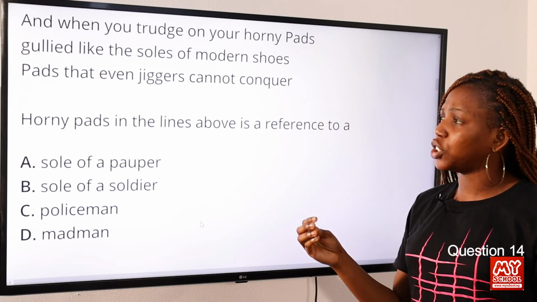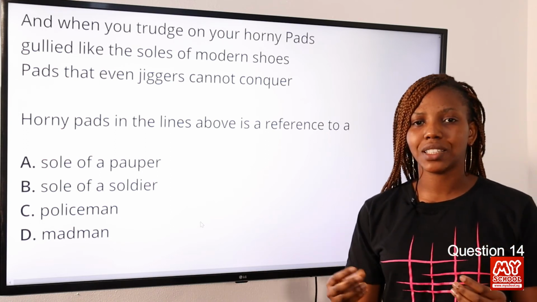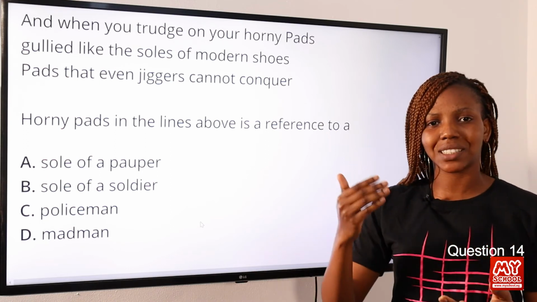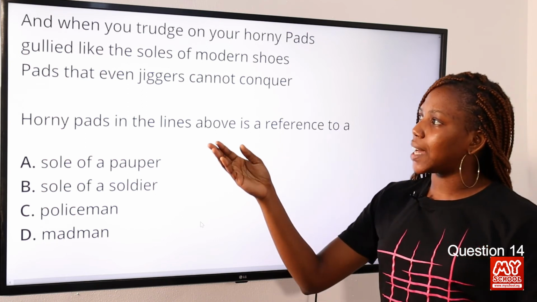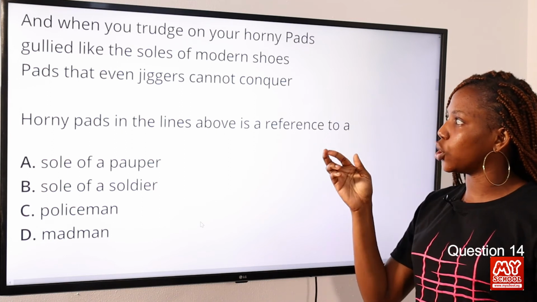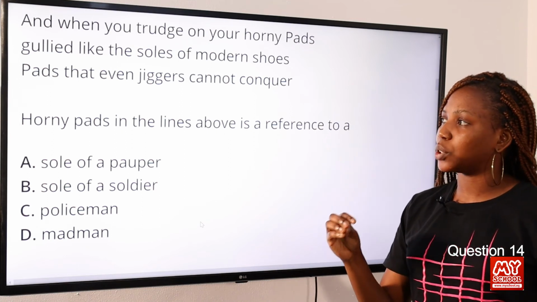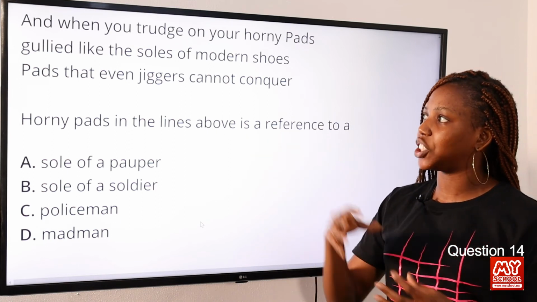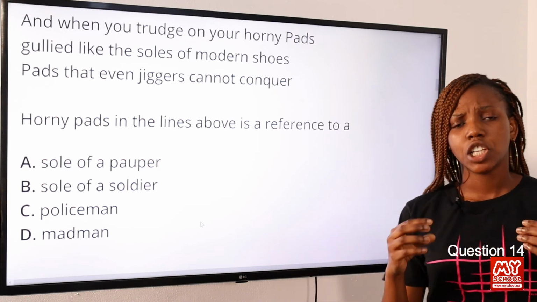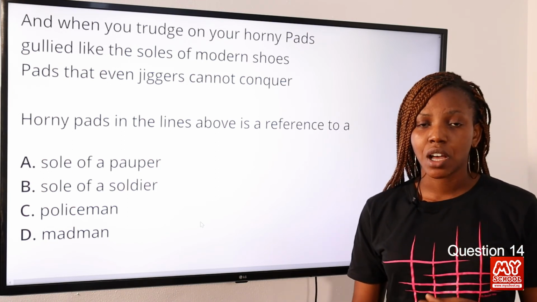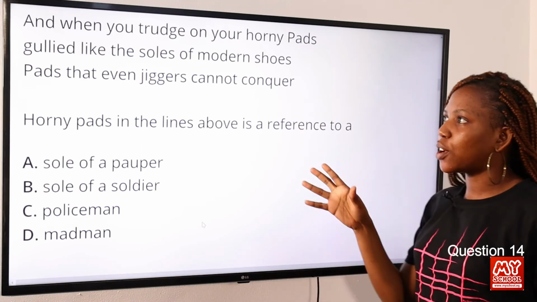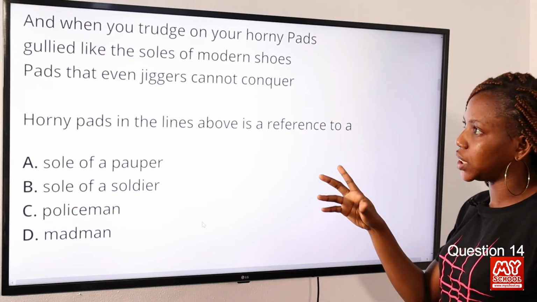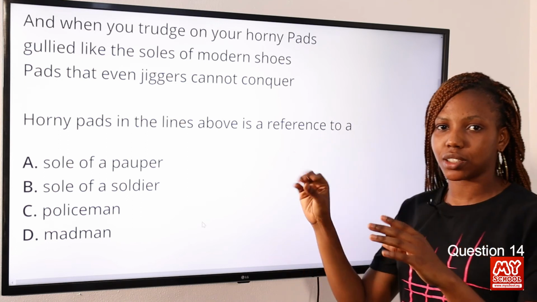Now, like the sole of modern shoes, you agree that there are some shoes now that the soles are not smooth. They have this zigzag kind of surface underneath. Parts that even jiggers cannot conquer. So the third line tells us that jiggers cannot conquer. Now what are jiggers? Jiggers are machines, and they are peculiar to civil engineers or mechanics. Because of this description given, this is quite a disgusting description.